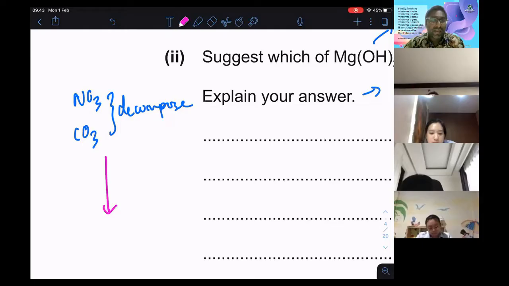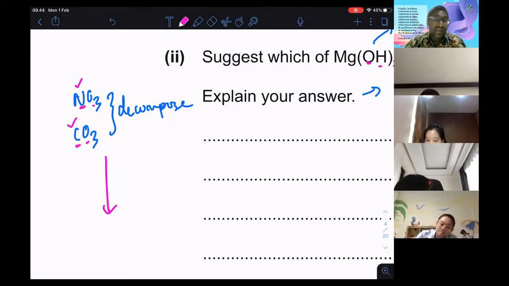What happens? This anion, NO3, CO3, or OH, gets polarized, and the electron cloud becomes distorted. When that happens, the bonding between nitrogen and oxygen, between carbon and oxygen, and between oxygen and hydrogen becomes weakened. If that becomes weakened, it's going to be easier to decompose. You do not need a lot of temperature to decompose them.